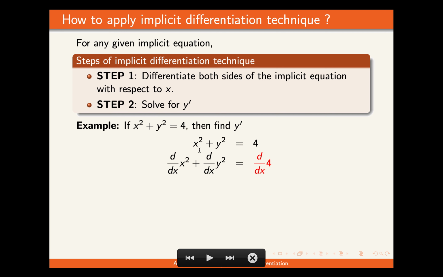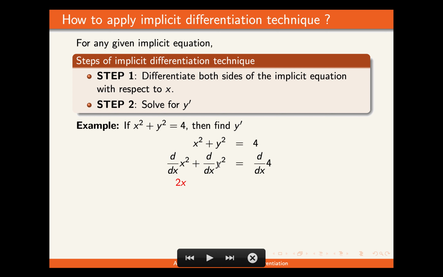Alright, so what is the derivative of x squared with respect to x? 2x, right? So we can write that down. And what is the derivative of y squared with respect to x? So see the difference here. The y is actually a function of x, so it is not just some variable y we are differentiating with respect to, but y is a function of x and we are differentiating with respect to x.